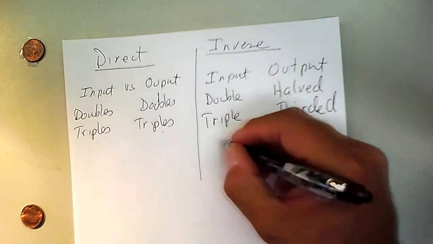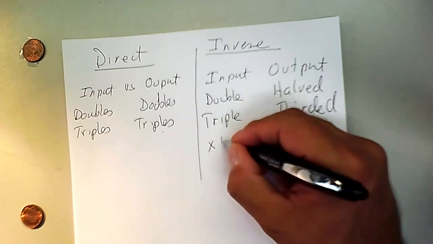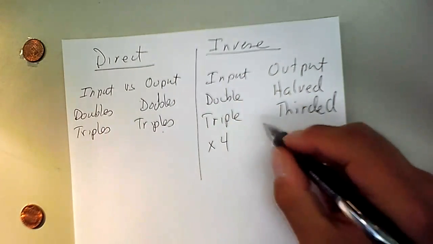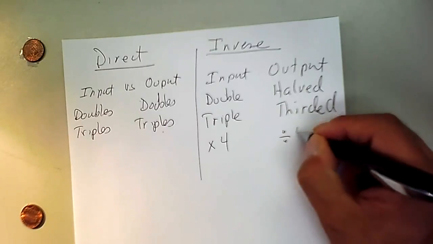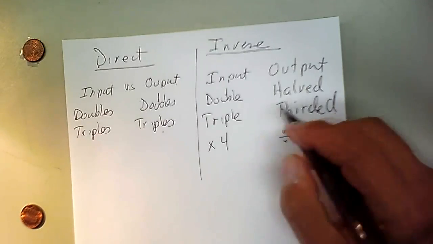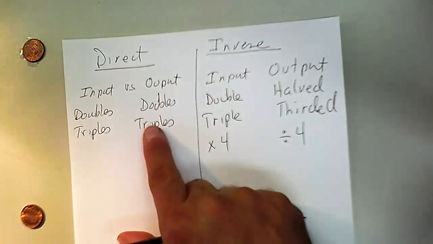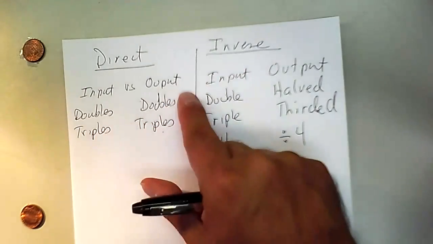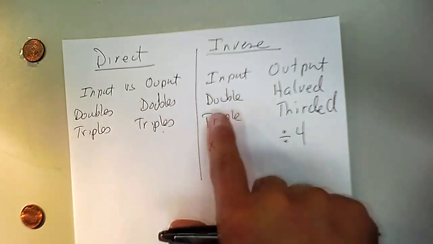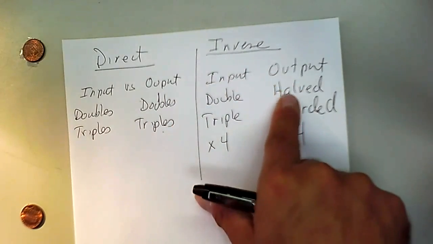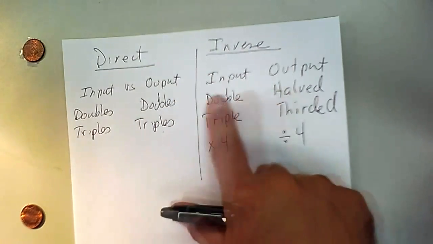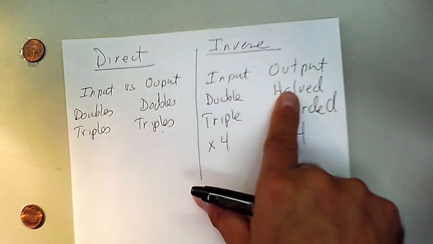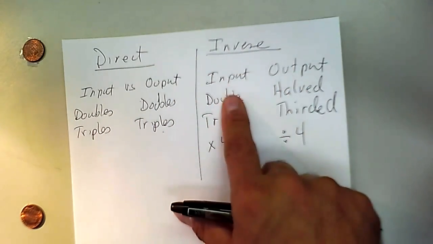And if we multiply the input by 4, the output gets divided by 4. So that's why it is inverse. It does the opposite of the direct. In direct, you double one, you double the other. Here, you double one, you actually have to do the opposite, halve the other. And by the way, those are reciprocal. So if you double the output, you have to halve the input.